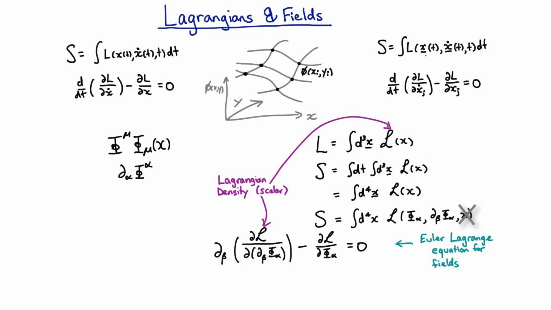Now remember, back in classical mechanics, if you take the derivative of the Lagrangian with respect to one of the variables, then you assume all the other variables are constant. You also assume that all the derivatives are constant. And likewise, if you take the derivative of the Lagrangian with respect to one of these derivatives of the coordinates, you assume that all the coordinates themselves are constant. And just the same down here, if you take the derivative of the Lagrangian density with respect to one of your field variables, you assume the others are constant, and you also assume that all the derivatives are constant.